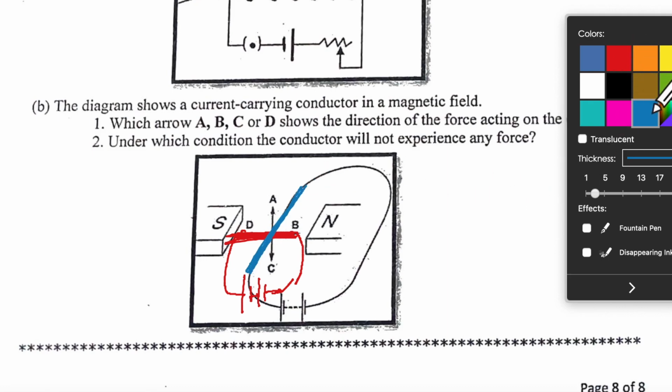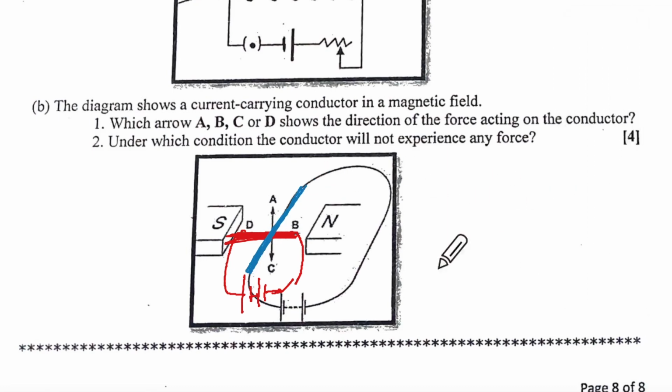But now what I've done, I have shown the conductor like this. When the conductor was having the current like this, it showed A as the direction of force. Okay? But when it is this way, what will happen? This direction of current is parallel to the magnetic field, no?